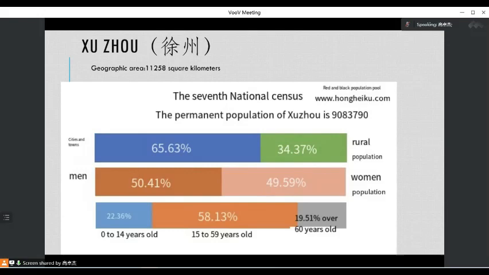In addition, the picture also shows that more than 60% of people in Xuzhou live in the city, and about 30% live in the countryside.